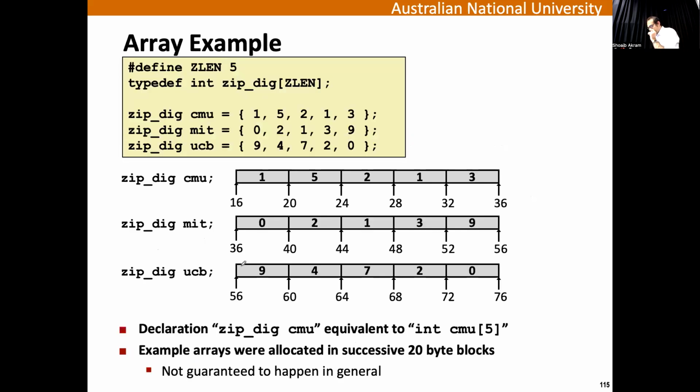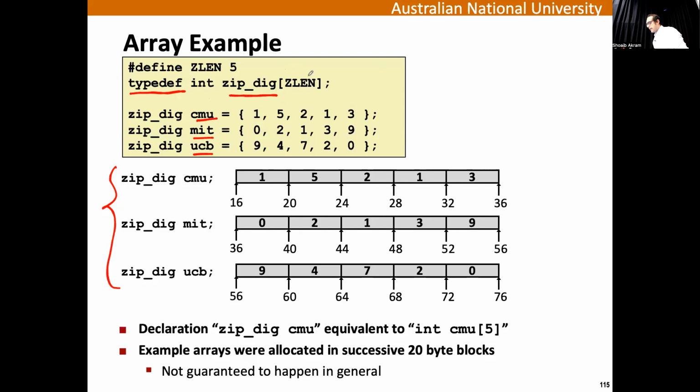Okay, here are 3 arrays. Zip digit. These arrays store 5 digits of a zip code. Here they are for CMU, MIT, and UCB. So we can define a new type in C using the typedef operator.